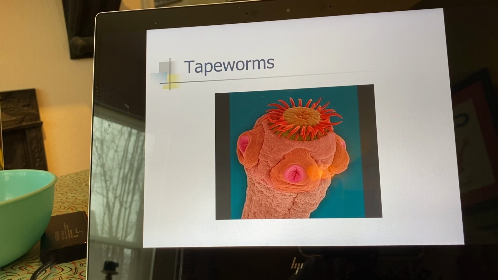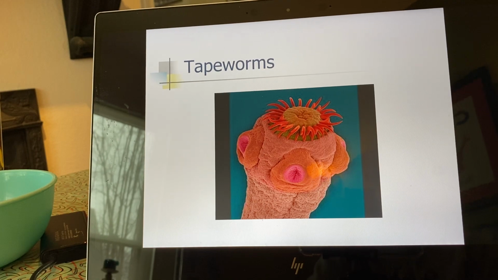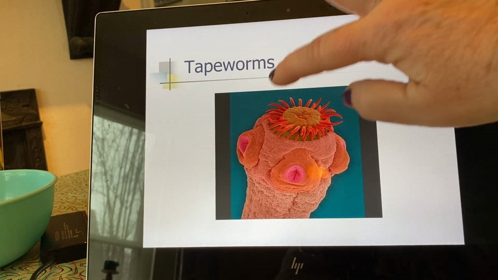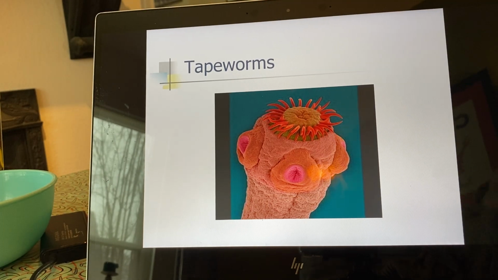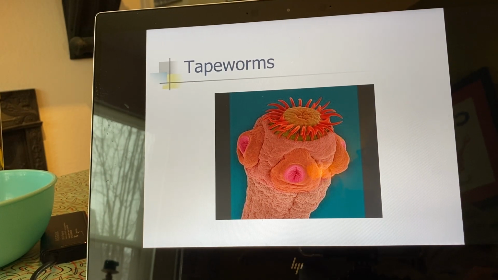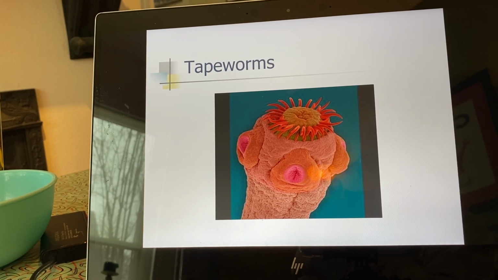Because they're flat, that gives them the maximum surface area to be able to absorb nutrients. So it's much more efficient. It's not like the tapeworm just feeds through its mouth and then sends it out to the segments. All of those segments can lay flat against your intestine and be stealing nutrients from you, as it's just laying there.